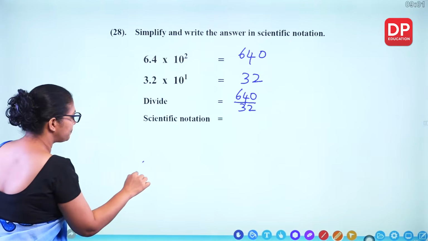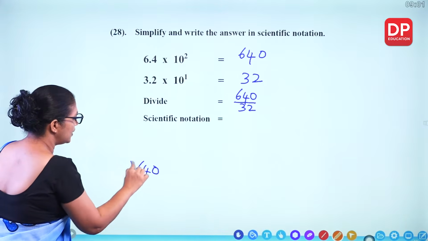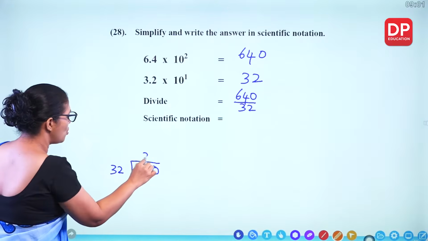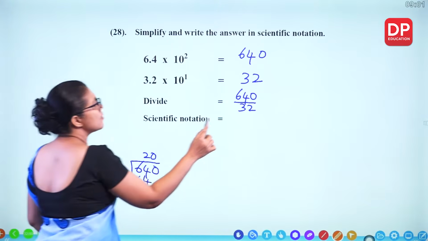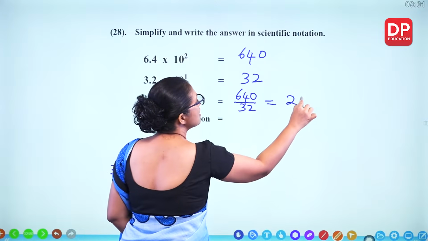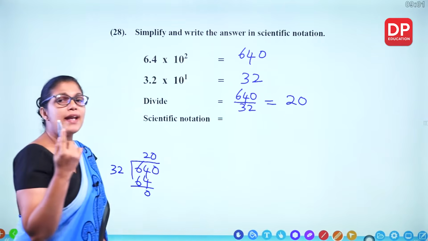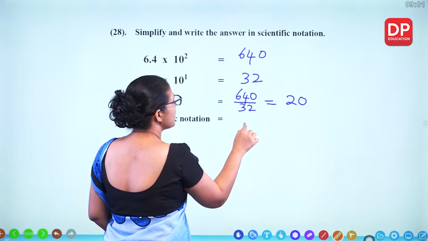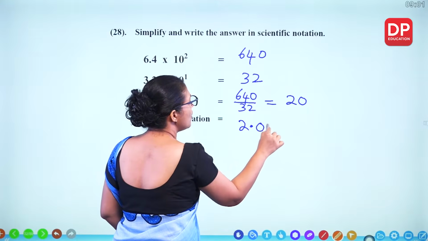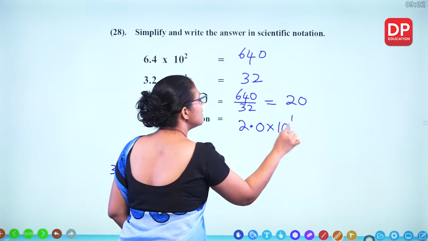So how many? 32 times 2 gives 64. That means 20. So the answer is 20. But 20 is more than 10. How do you write it in scientific notation? This is 2.0 into 10 to the power 1.